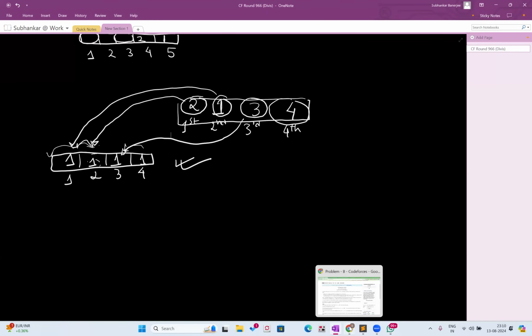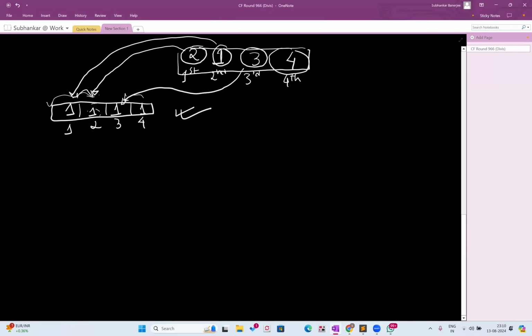I'll just go through the approach that should be used for this problem. I am given an array A1, A2, A3 up till AN.